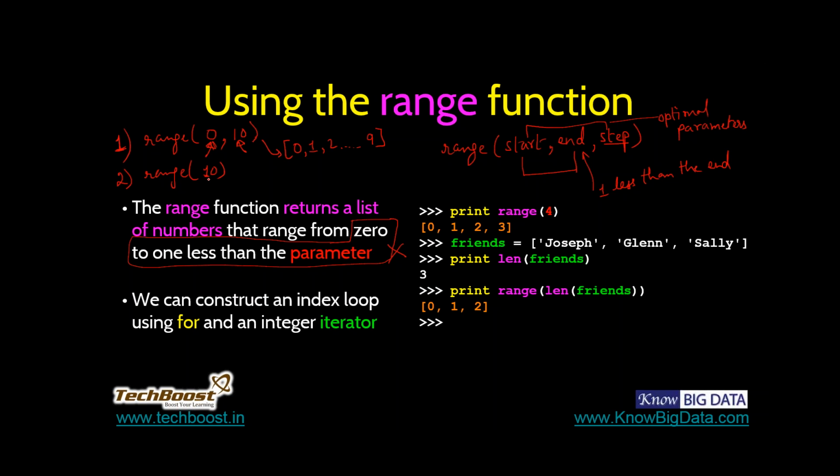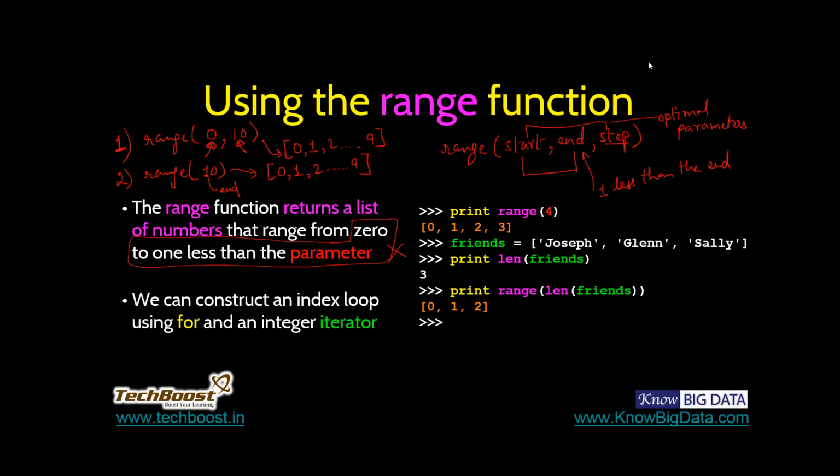In this case, this is the end number, the end index. When you don't give the start number, it by default takes from 0. And as usual, the end index is 10, so it goes till 10 minus 1. So we will get a list of numbers from 0 to 9.